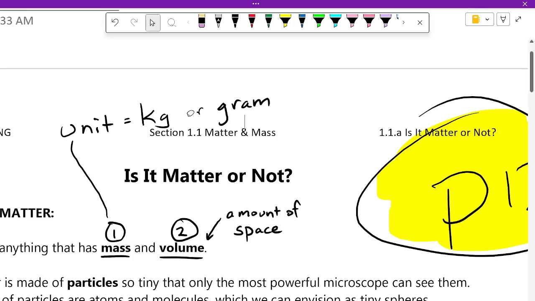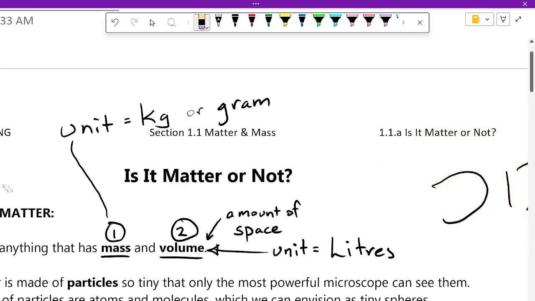So the unit for volume is liters. I tend to spell things the Canadian way, but if you want to spell it ER, that's fine. And the abbreviation for that is a capital L.